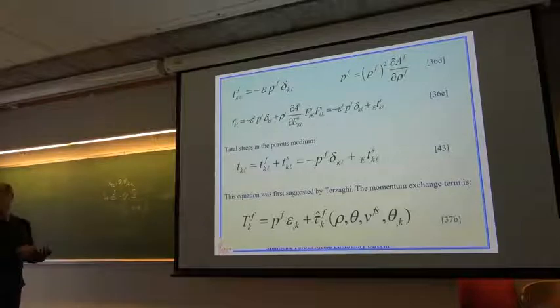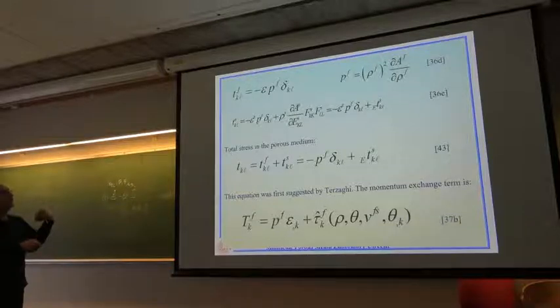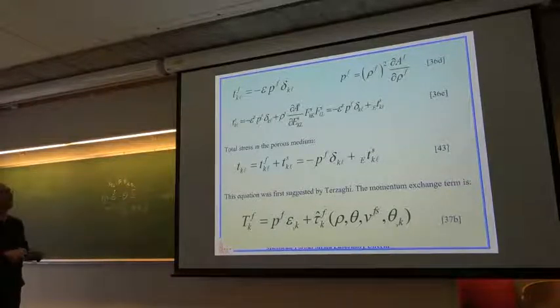But here we derive it. It comes out of the entropy inequality that the solid stress tensor receives a contribution from the fluid pressure because they are intertwined, plus its own deformation. And this is what is called effective stress tensor of the solid.